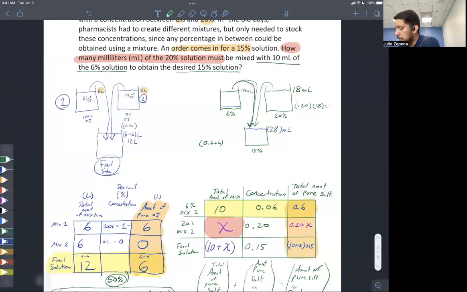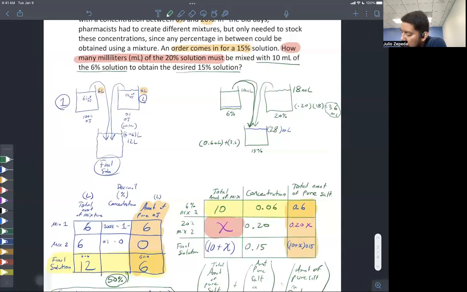It looks like that is 3.6 milliliters. And that makes sense that it should be more than 0.6 from the first solution because it's more concentrated and we're using more of it. So 3.6 milliliters of pure salt is coming in from the second mixture.